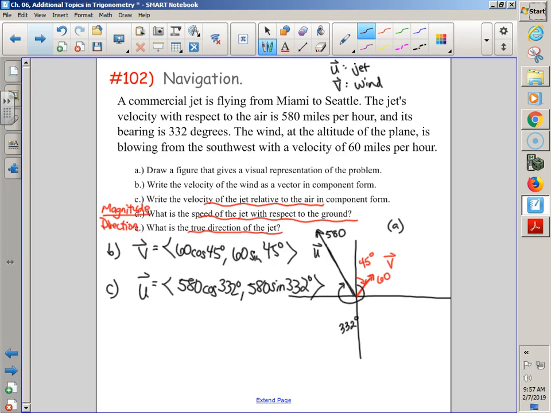Now, Joe, you were saying ground speed, and I know what you're saying by ground speed. I don't think that's truly what they're asking in letter D, because they're not saying ground speed, they're saying with respect to the ground. So if there's someone on the ground looking at the jet, not if the jet was on the ground. Ground speed just means how fast it moves relative to the ground.